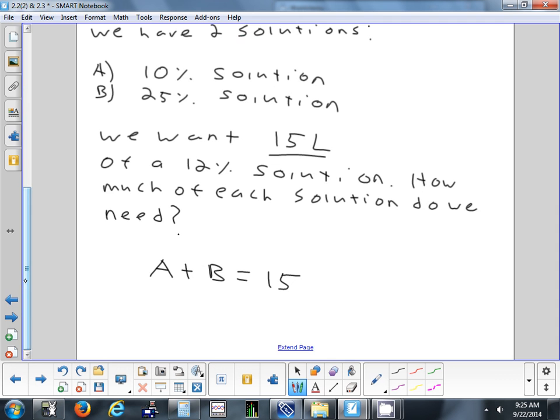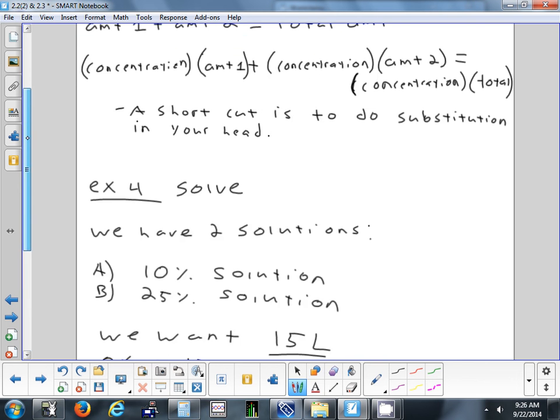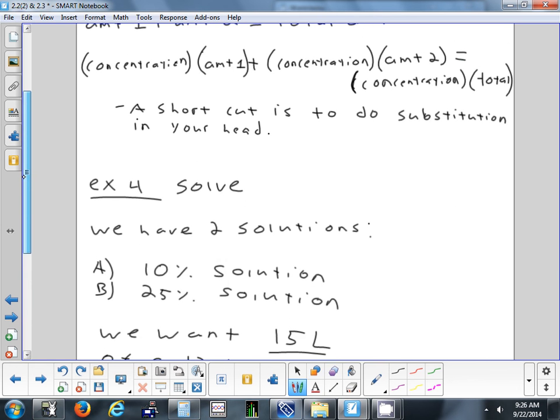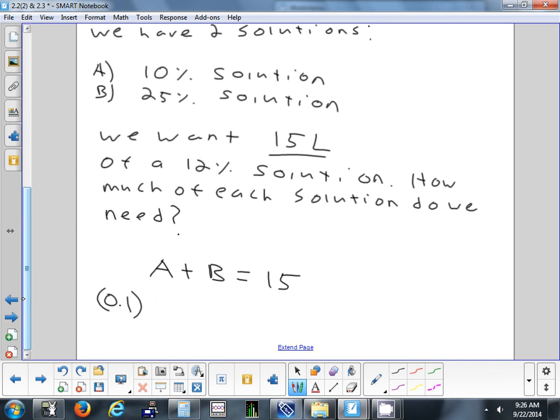And when we do the concentration, we always want to write it as a decimal. Okay, so Justin, what's my concentration of solution A? 0.1. Yep, 0.1. So we're going to need 0.1 times the amount of that solution, which is A, plus, Sam, what's the concentration of B? 0.25.